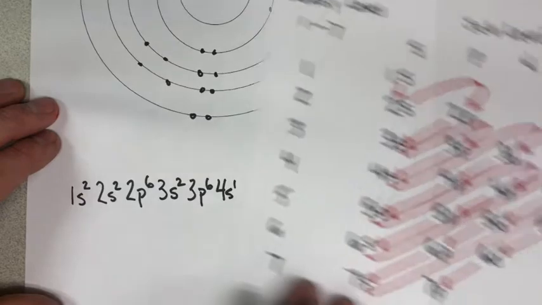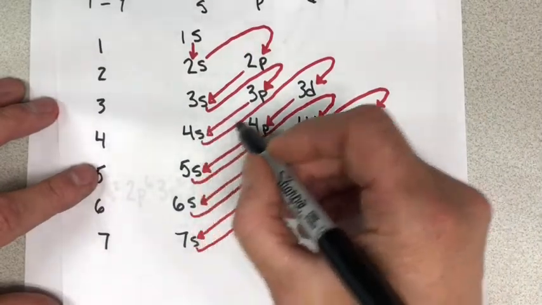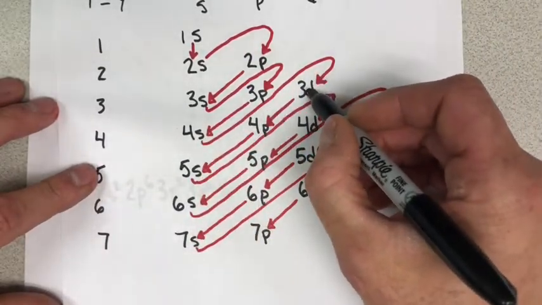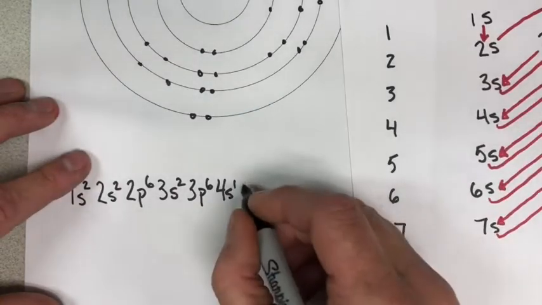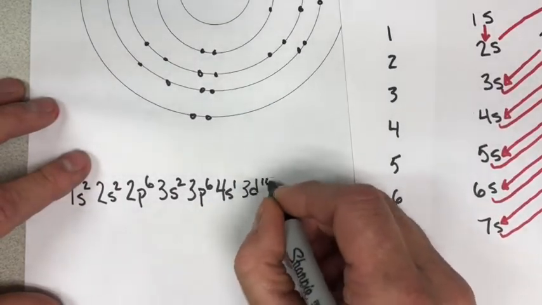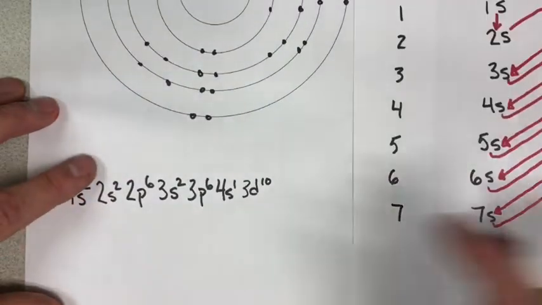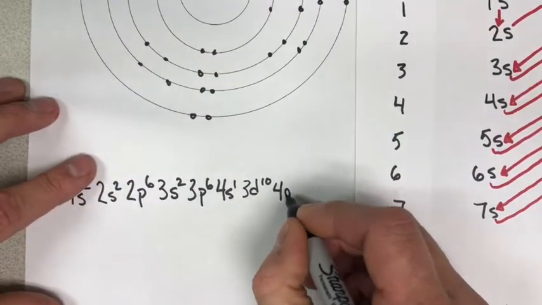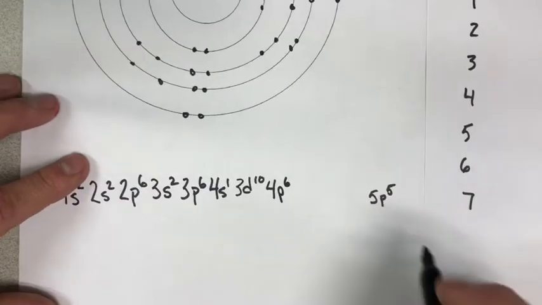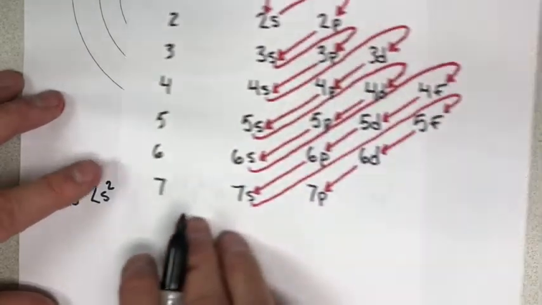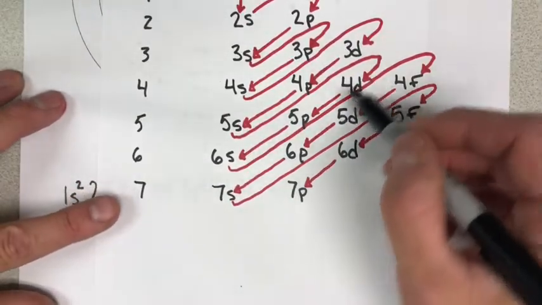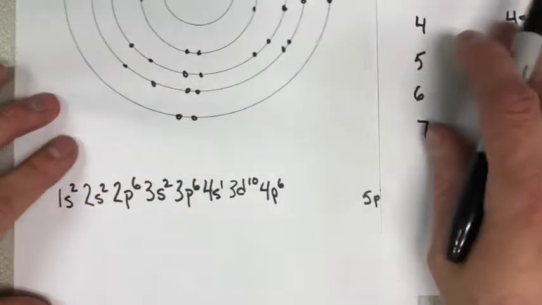4s1. This is that goofy place where we go from 4s and start backfilling into the 3d. Okay, 3d10. From 3d, we go back into 4p. 4p, and there are 6 electrons in that sublevel. From 4p, we go to 5s.